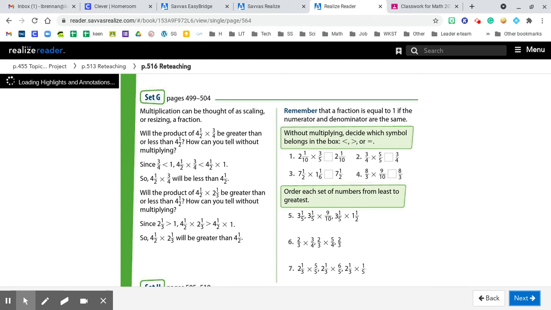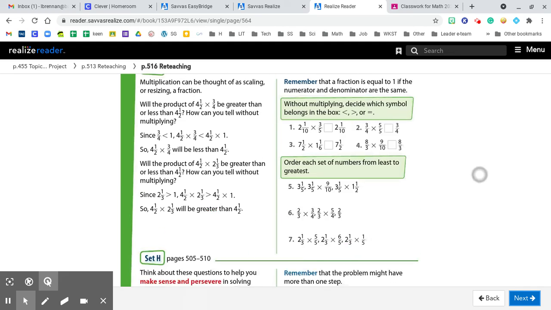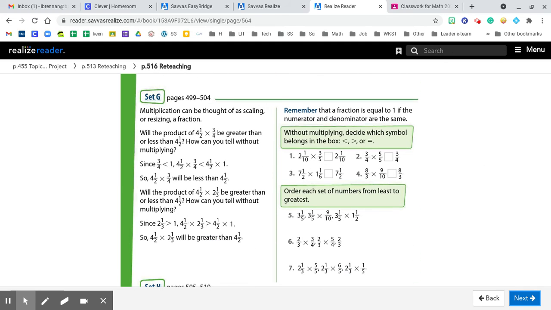All right. And then we have set G. You can see why we skip some of these kind of long sections. So let's see what we have here. Now this gets a little bit easier. Greater than, less than, or equal to. I have 2 and 1/10 times 3/5.